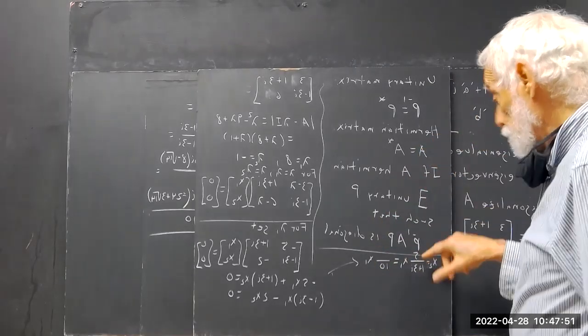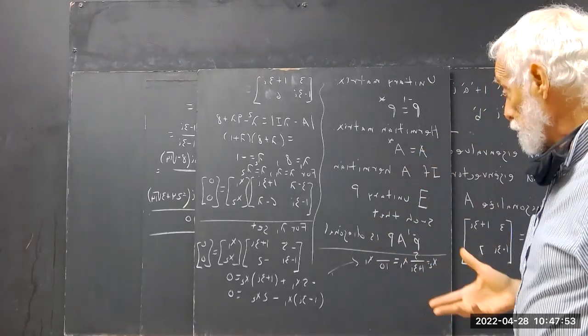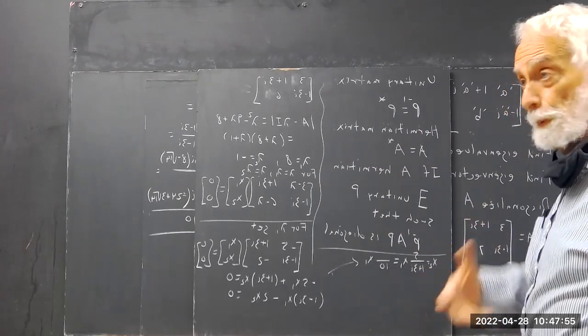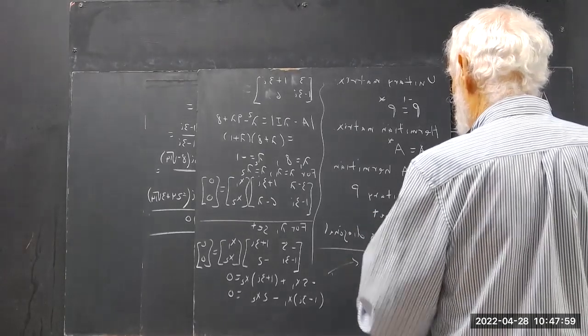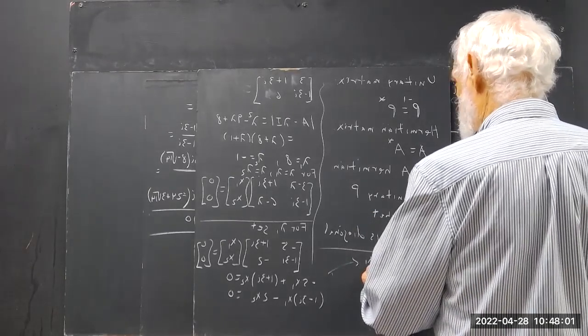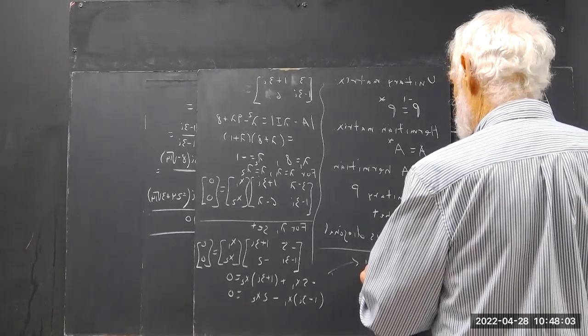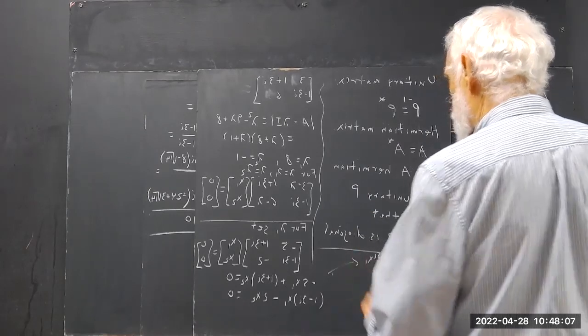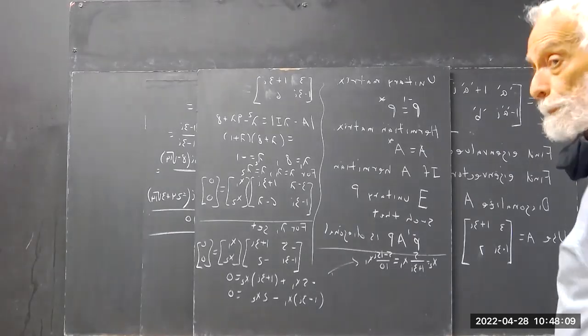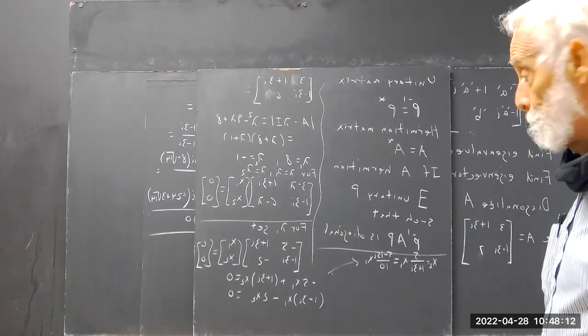Because of time, I'm not going to do that, because I like to take risks, because then I always screw up and then you can fix it. Okay. But 5 times 1 minus 3i is going to be 5 minus 15i. Okay.